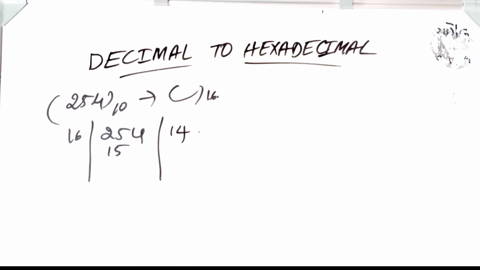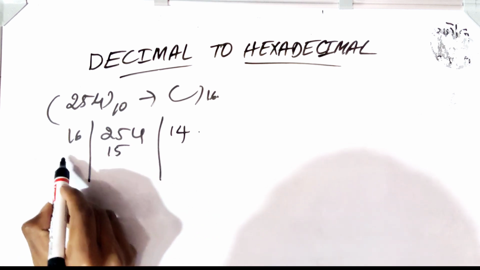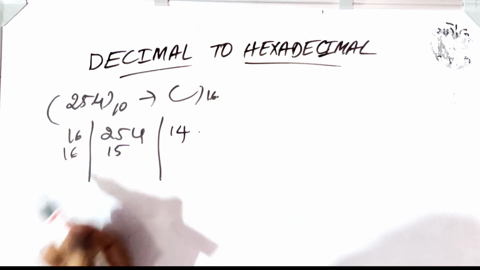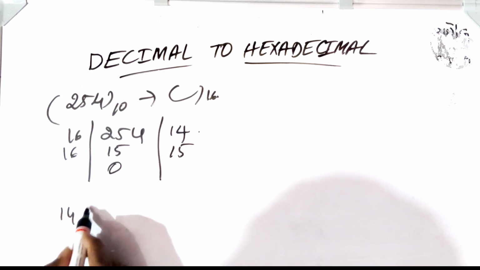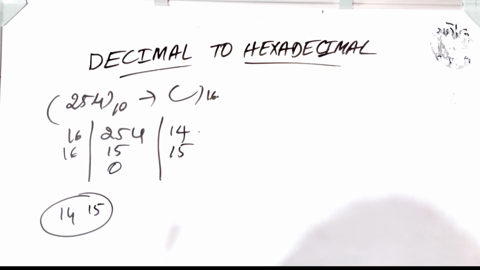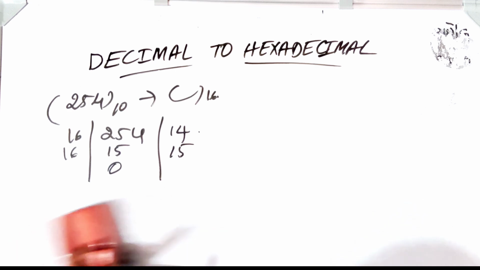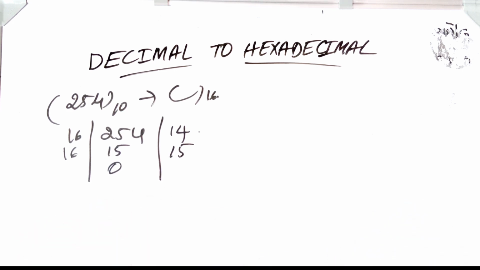Then again divide by 16. 15 is smaller than 16, so we'll write it as it is. 15 is the remainder here. You cannot write 15 as a hexadecimal number. For this, if you have watched my introduction to number system in digital electronics video, you'll understand this.